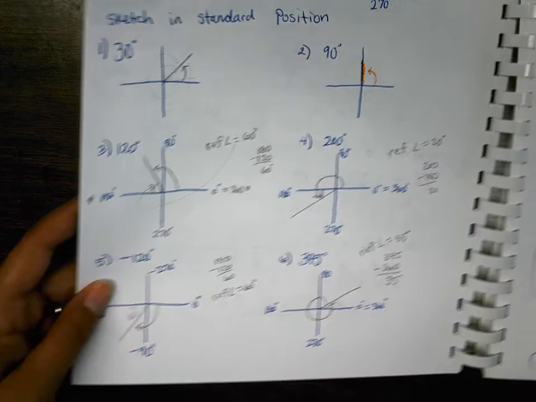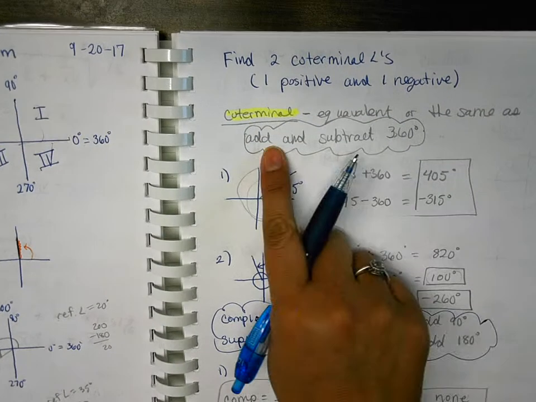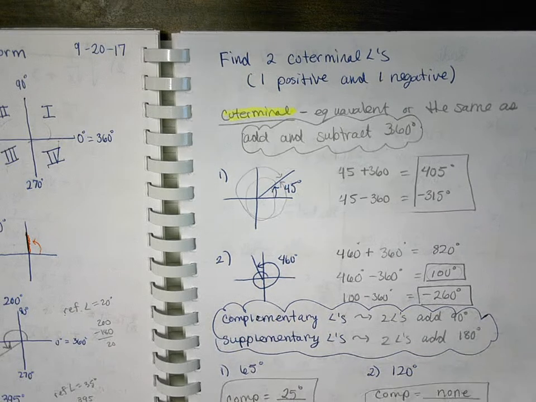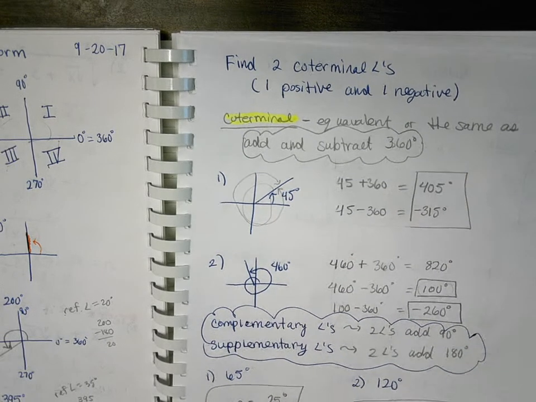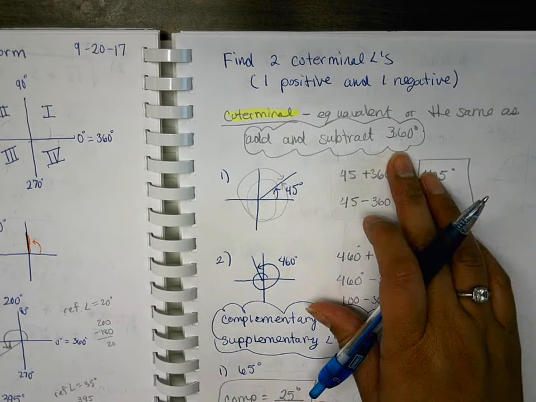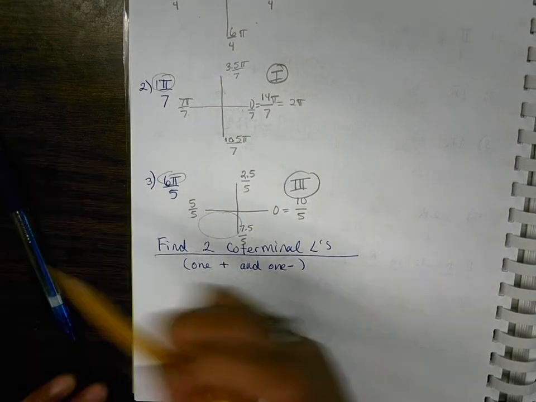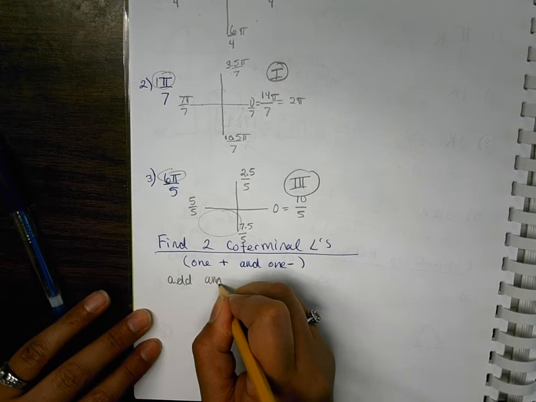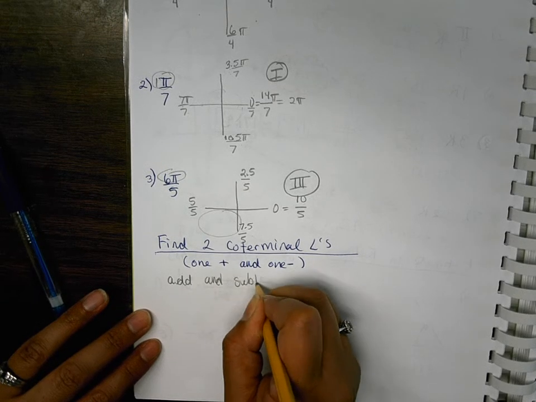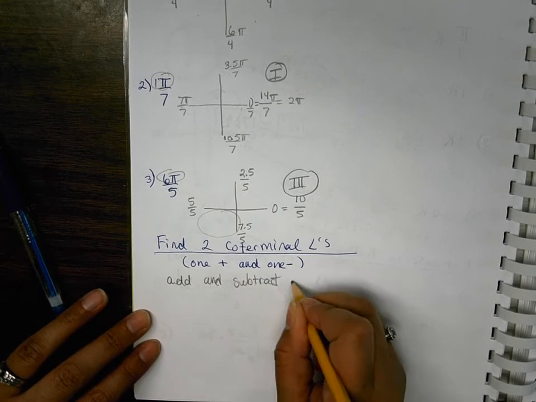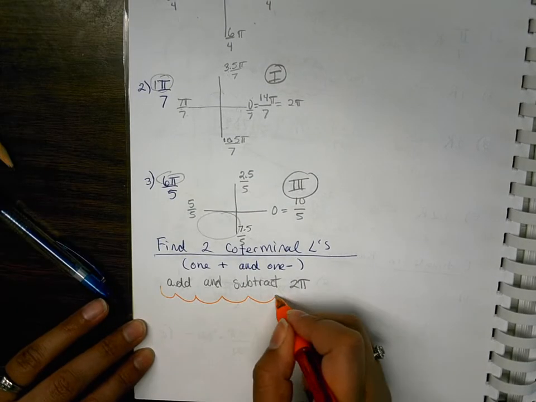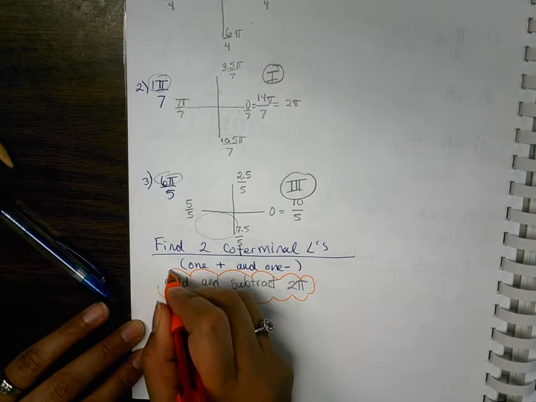The only difference now is we're no longer dealing with degrees, we're dealing with radians. So we're still going to add and subtract, but now we're going to add and subtract 2 pi. Good job. Same thing you did before, except 2 pi because we're dealing with radians instead of degrees.